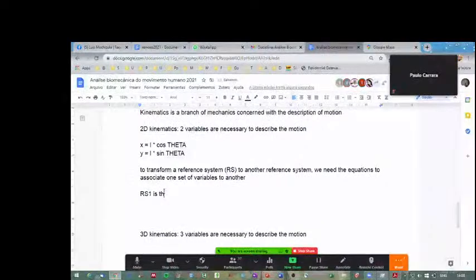The real biomechanics is generalized coordinates. And if you understand this, then you can start to understand what is written in the first chapter of this book about kinematics.